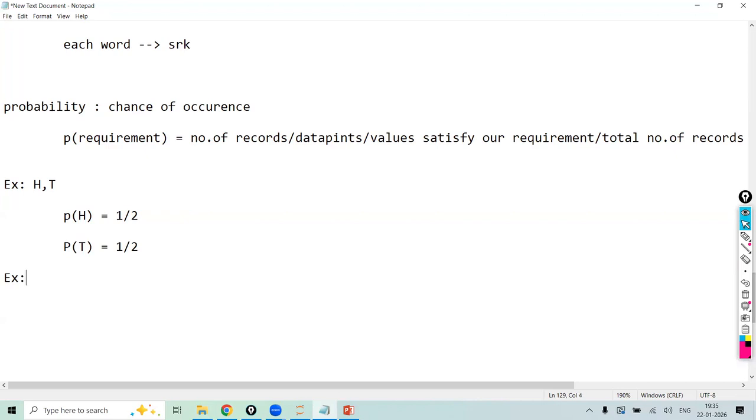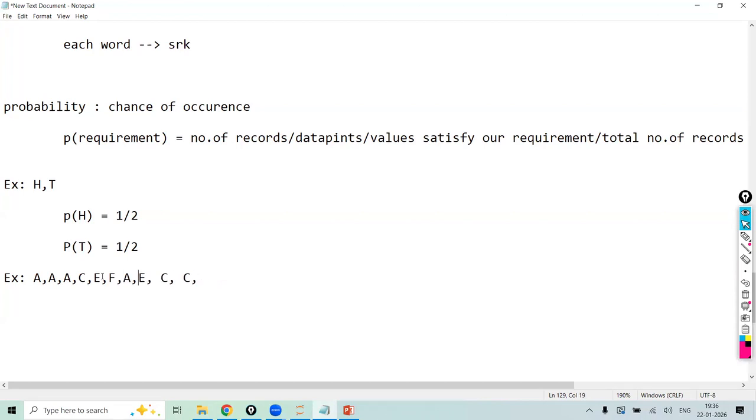Example number 2. For example, here I am writing A, C, E, F, A, E, C, C. Some I have written like this. Now in this, what is the probability of A?